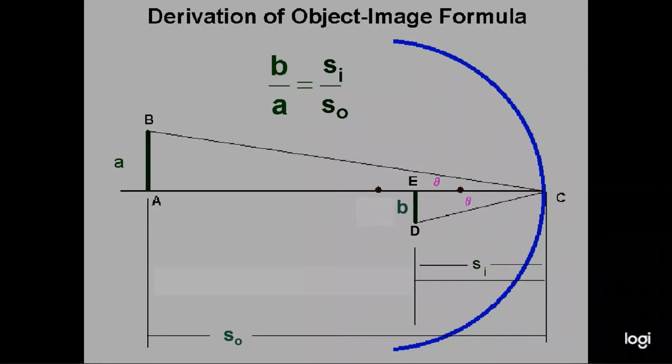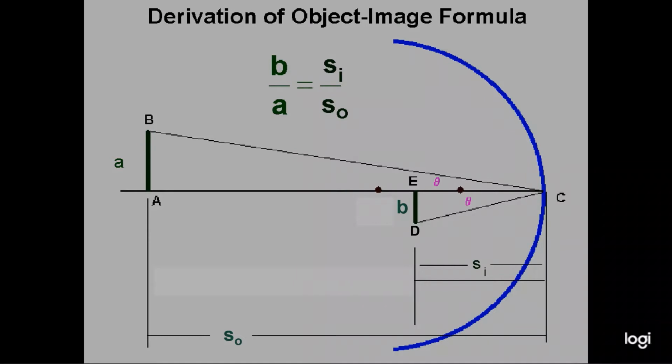Okay, now that we've done some ray tracings, what I want to do is look at some equations involving the object distance, the image distance, and the focal length, whether we're talking about a lens or a mirror. I'm going to derive the famous object image formula for the mirror.